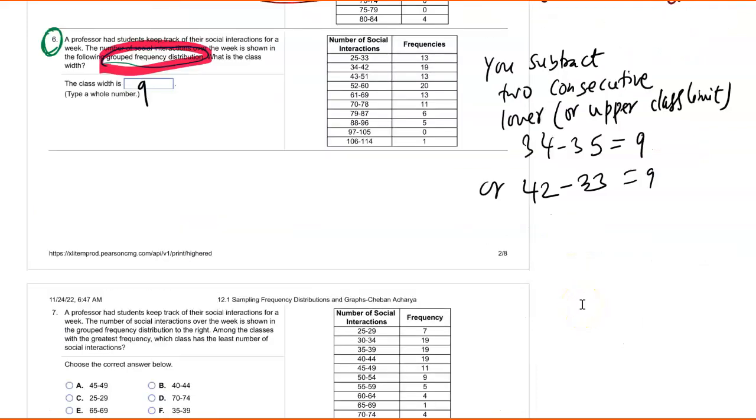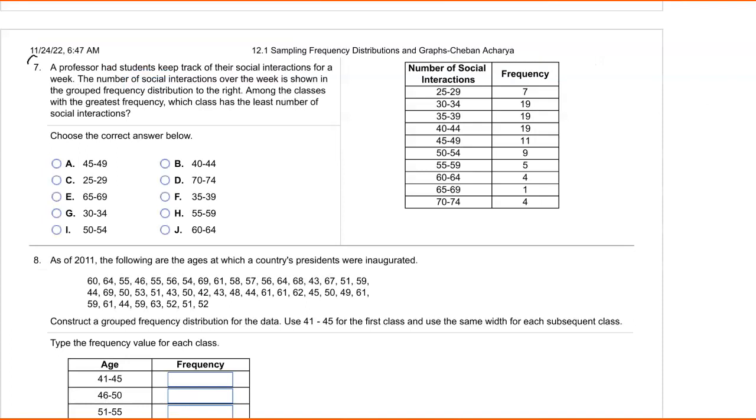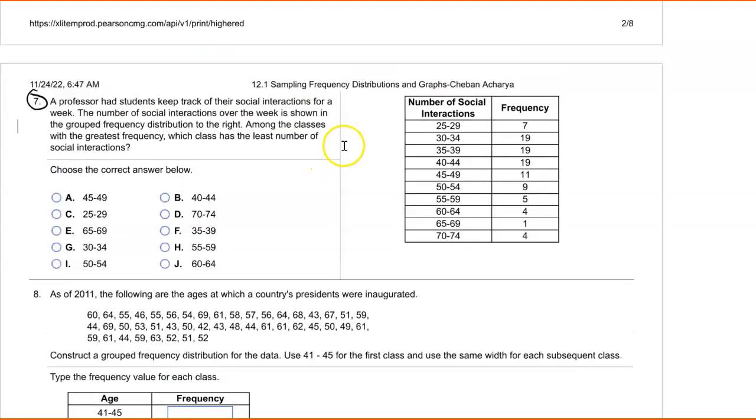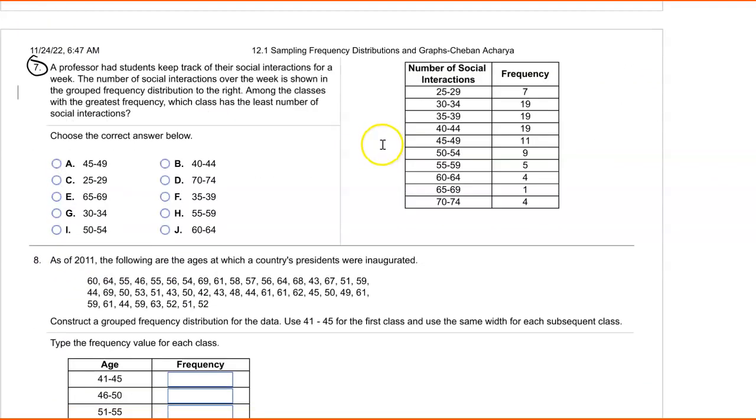Oh, my bad here. I should say question number 7. A professor had students keep track of their social interaction for a week. It's similar to other questions but a different frequency distribution. And again, this is the grouped frequency distribution. You can see on the right, grouped frequency distribution, and the question asks you among the classes with the greatest frequency.